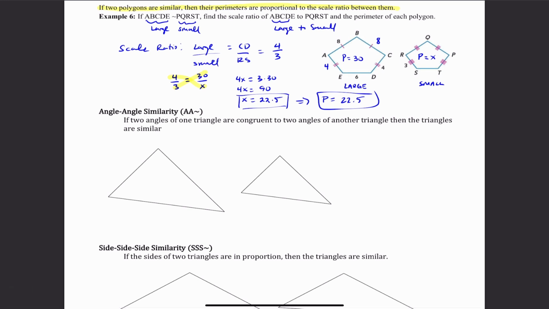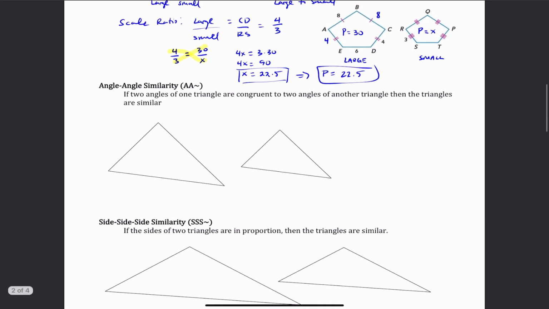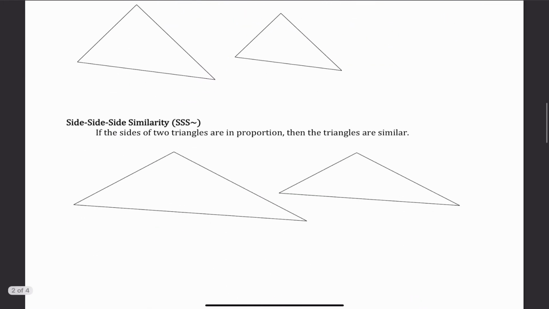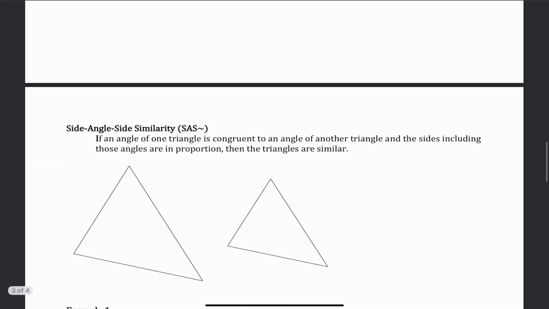Let's go ahead and talk about these shortcut similarity theorems that we have here. One of them is angle-angle similarity, the other is side-side-side similarity, and then here's the side-angle-side similarity.